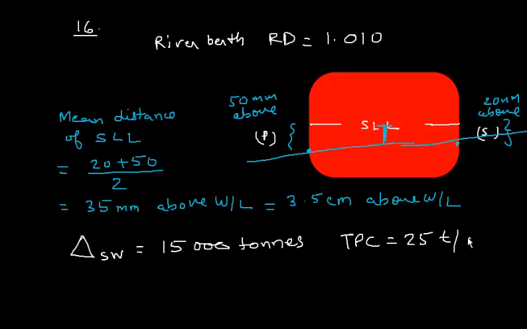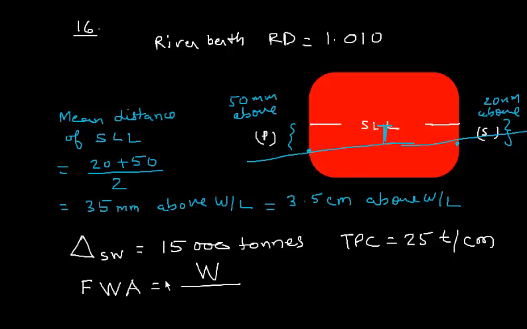Actually it's 25 ton per centimeter. Well, we know the formula for freshwater allowance, that freshwater allowance is equal to W, which is displacement, upon 40 TPC.